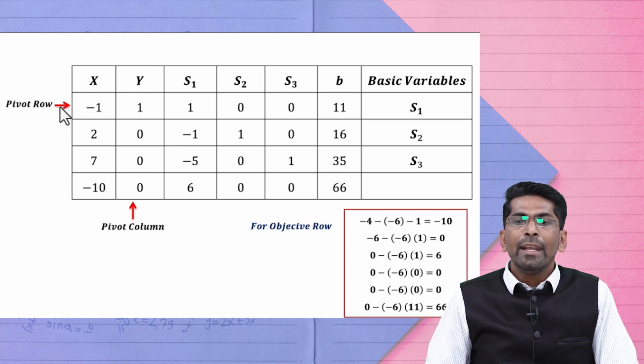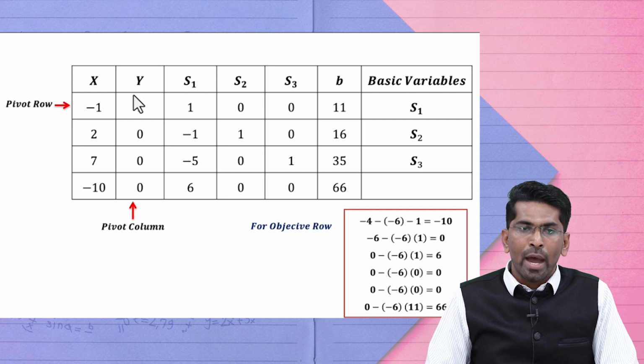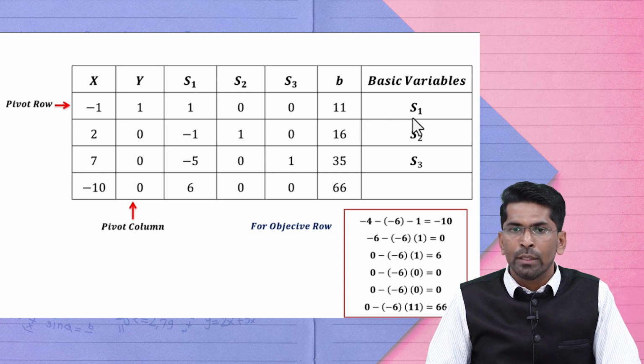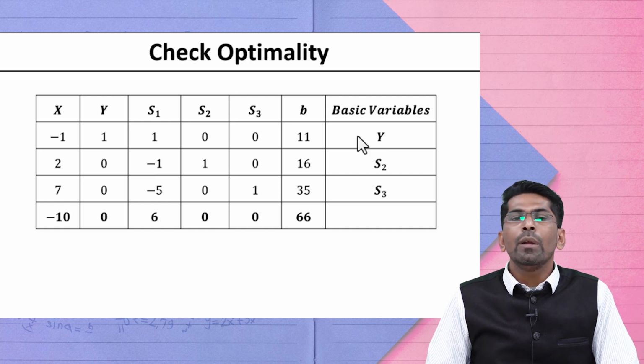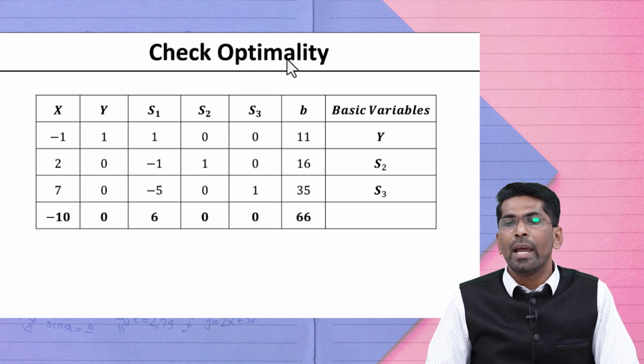So here the entering variable is y, that is the pivot column, and it replaces the pivot row variable, that is S1, with y. So I am writing here S1 is replaced with y. After doing all this, the new table is ready for the optimality check.